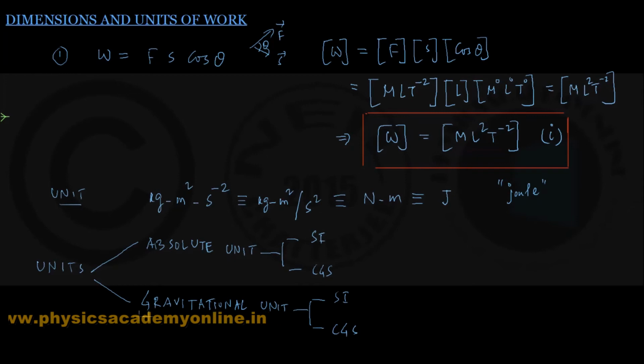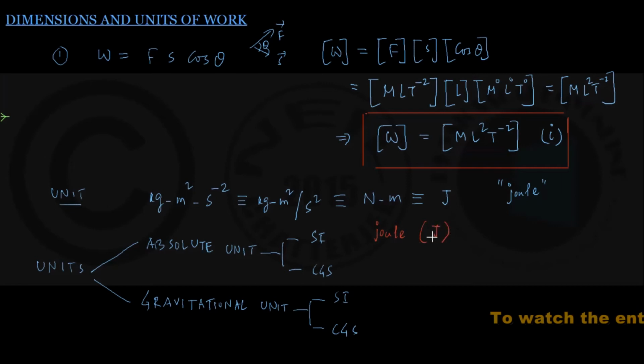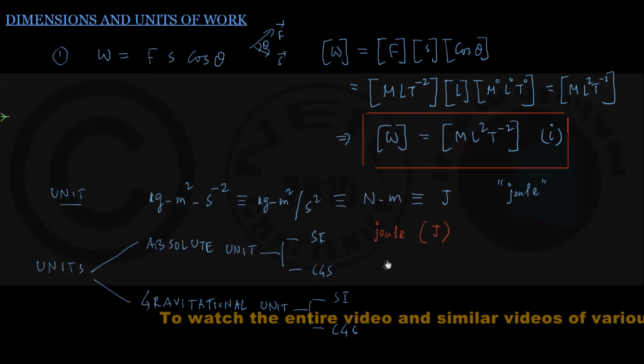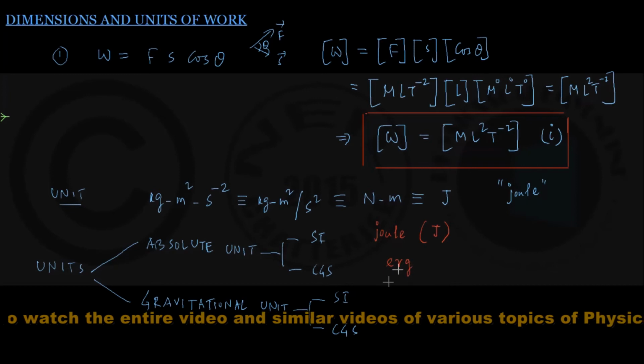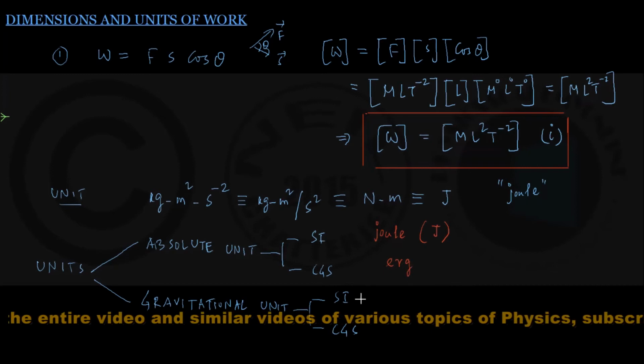And what are their names? They have got names actually, so let me write them here as well. The SI absolute unit of work is called Joule, with the symbol capital J because it is named after a scientist. The CGS absolute unit of work is called erg, and that is the same thing in symbolic form as well. There is no smaller abbreviation.